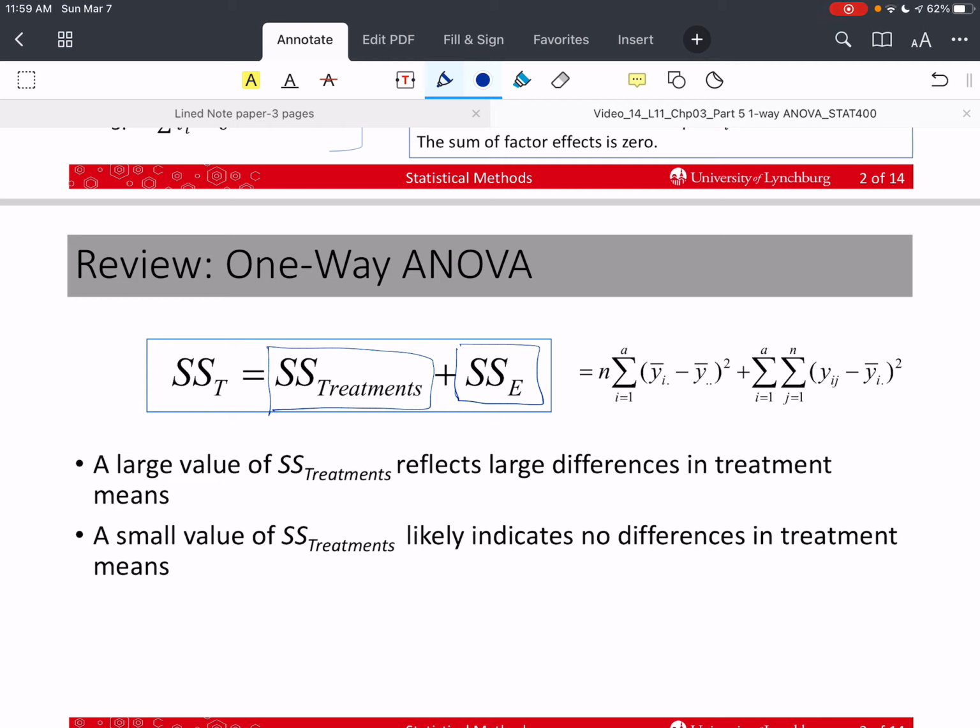Large values of the sum of squares treatments reflect larger differences in the treatment means, which support our alternative hypothesis. Small values of sum of squares treatments would say that SSTRT is approximately the same as SSE, and so their ratio would be approximately 1, which would give us an F value of 1, and this supports our null hypothesis.